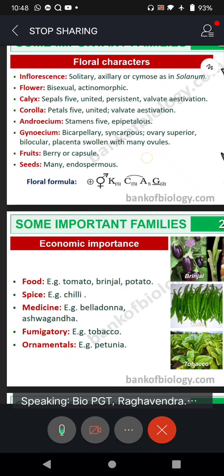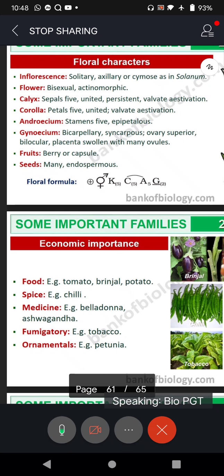Inside a seed, what will be there? See the clue. The clue is that cotyledon is outside. Cotyledon is the seed cover. Based on seed covers, how many seed covers are there? We have classified plants into monocots and dicots. I told you, monocotyledonous plants, dicotyledonous plants.